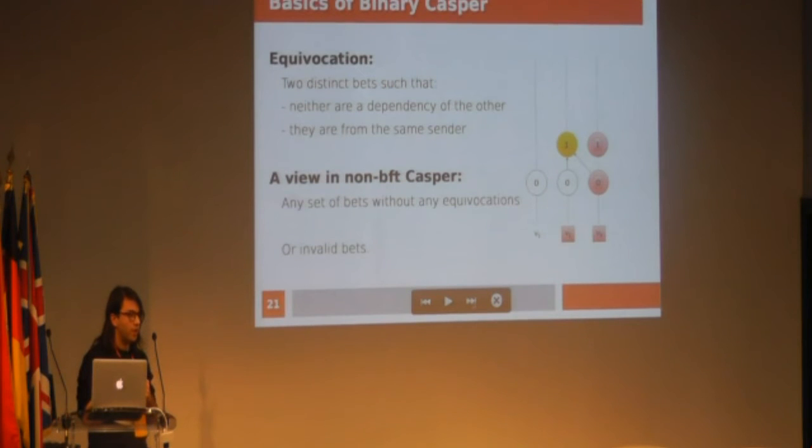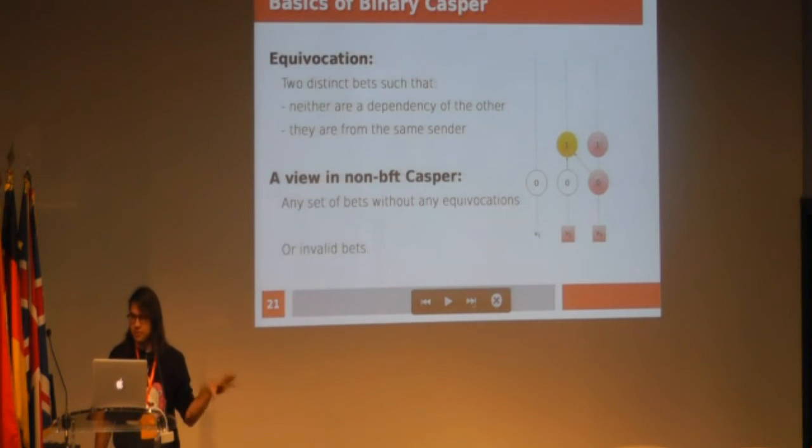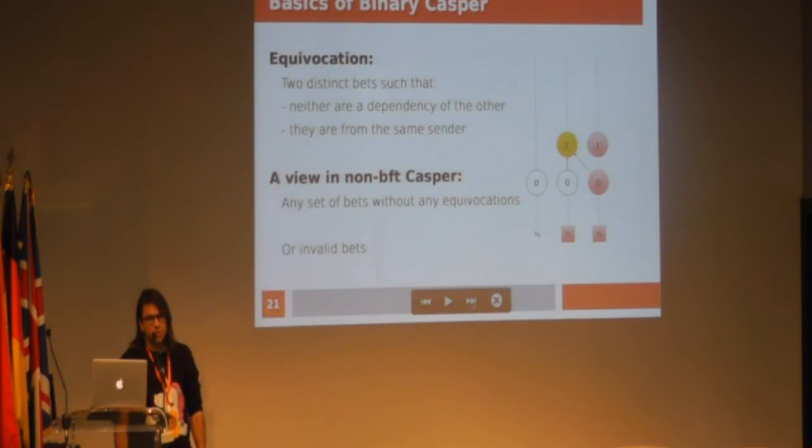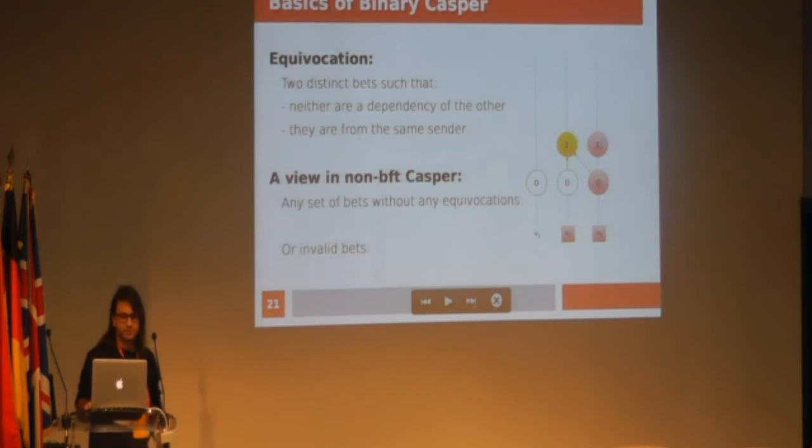And this is evidence of the breaking of the single-threadedness of a validator, and corresponds exactly to the definition that Vitalik gave us earlier. So in this binary consensus protocol that I'm going to give a safety proof for, we are not going to have any Byzantine faults. So all of the bets are going to be assumed to be valid, and we're going to have no equivocation. So a view in the non-Byzantine fault tolerant Casper is basically any set of bets without equivocations or invalid bets. Great.